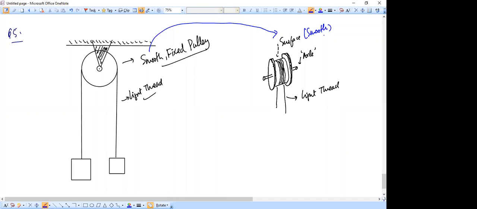Okay, so that means that the thread slips freely on the pulley surface. Okay, there's no friction to hold the string. Okay. And what we mean by fixed is that the axle is fixed.